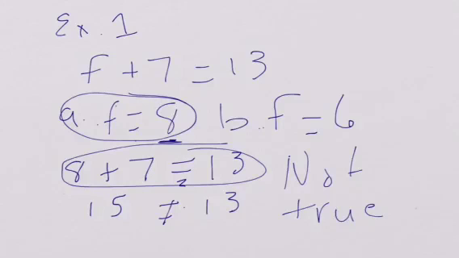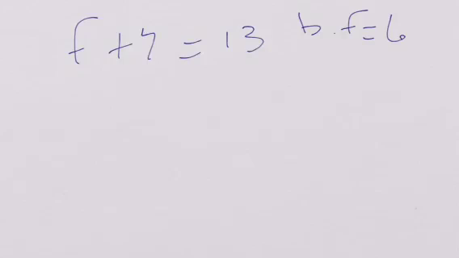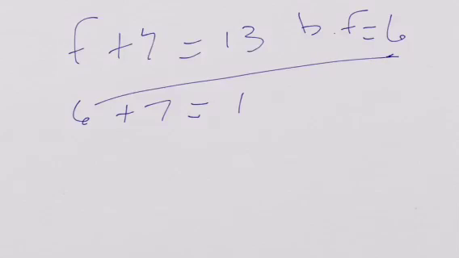So let's try it with the next, with f + 7 = 13. Over there we saw b was f = 6. So let's substitute 6 from here. 6 + 7 = 13.